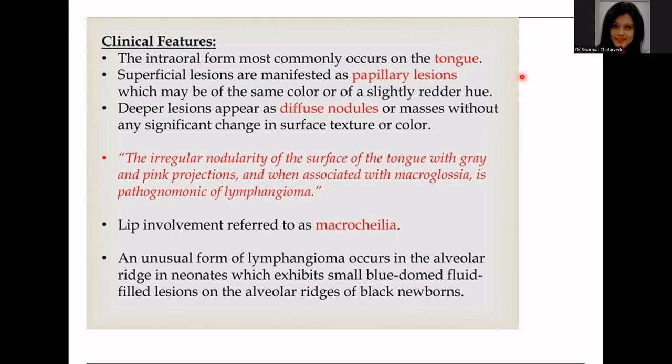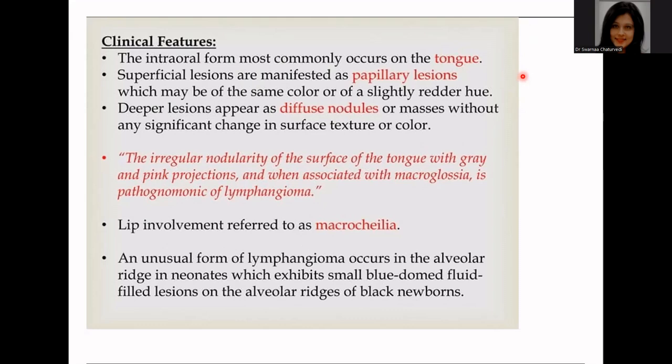The irregular nodularity of the surface of the tongue with gray and pink projections, when associated with macroglossia, is pathognomonic of lymphangioma. Remember this. These characteristics are very strong predictors of lymphangioma.